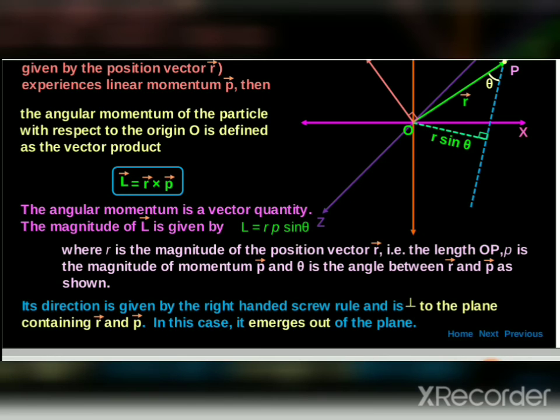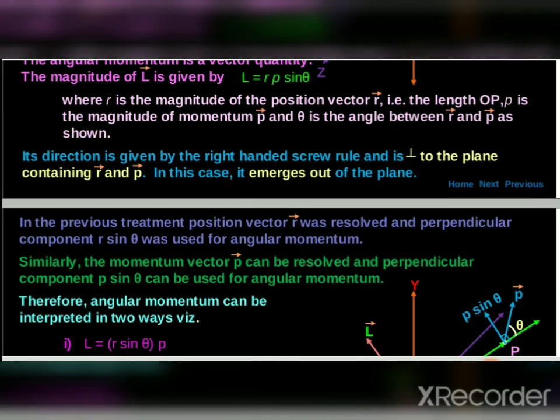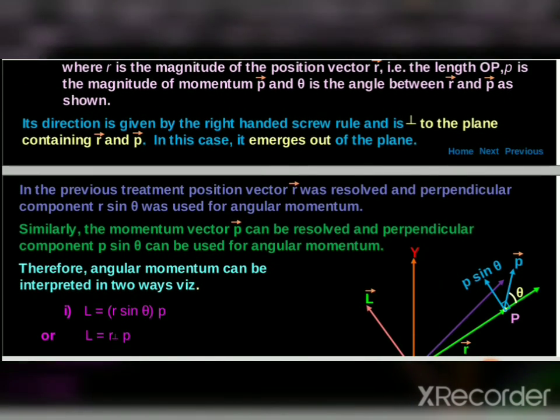So the angular momentum, a vector quantity L, can be given by L = r p sin theta, where the direction is given by the right hand screw rule, perpendicular to the plane containing r and p.